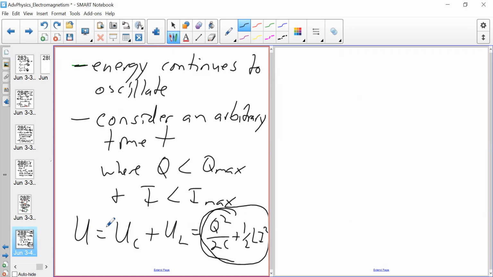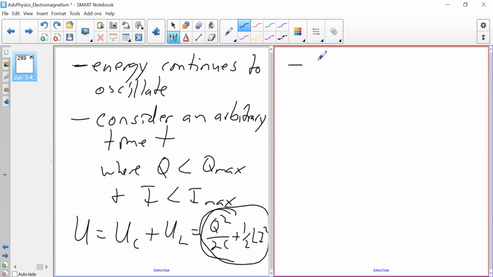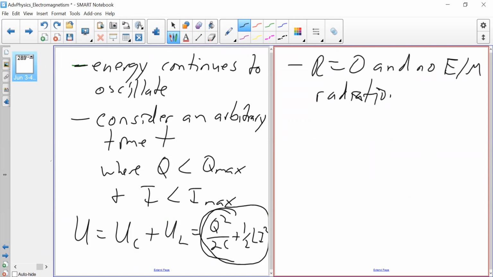Total energy of a circuit is the energy in the capacitor and the energy in the inductor, and these are the terms. Don't tell me that there's no harmony. In a conservative environment, the resistance is equal to 0, and there is no electromagnetic radiation.